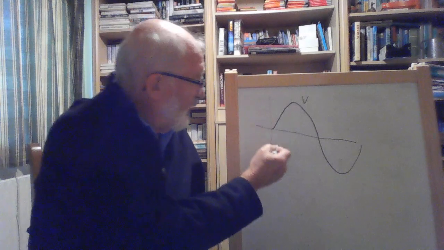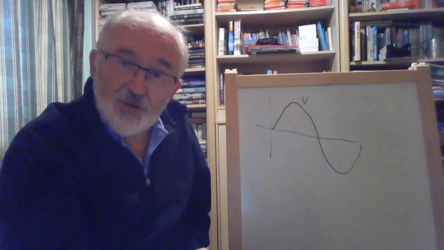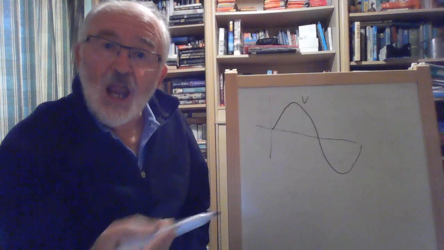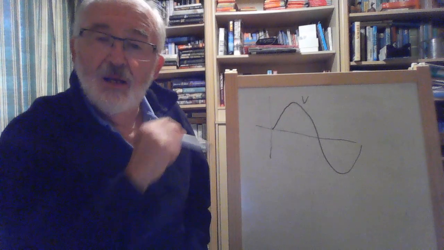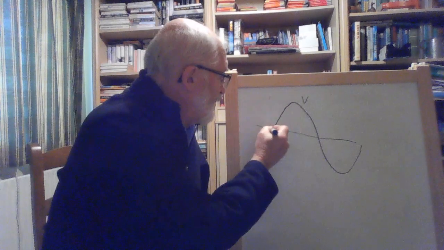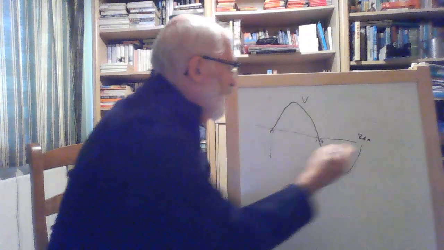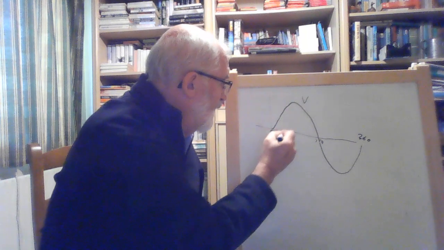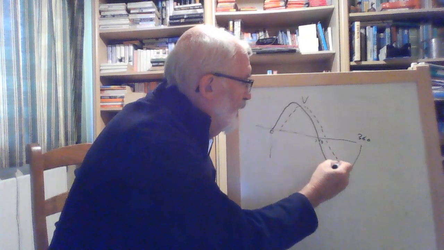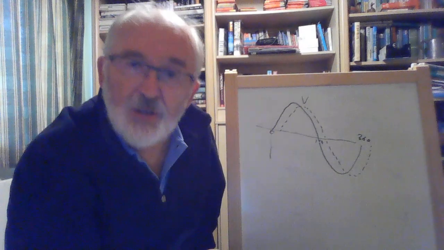Now, in our inductive circuit, the current that we generate within the circuit will lag, i.e. will be behind the voltage. And so if we start at 0, 180 degrees, 360 degrees, it's gone through one cycle, we'll find that the current lags behind the voltage, like that. So inductive circuits have lag.